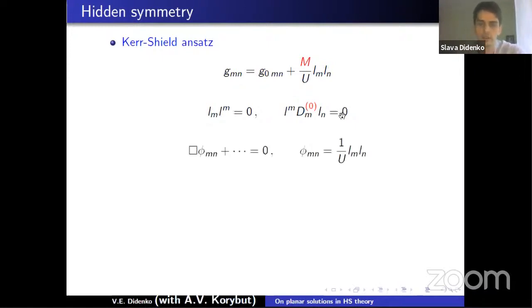Those properties are not enough for the Einstein equations to hold. So actually you need more, you need the linearized Einstein equations to be fulfilled, and then it guarantees that the solution is linearly exact.